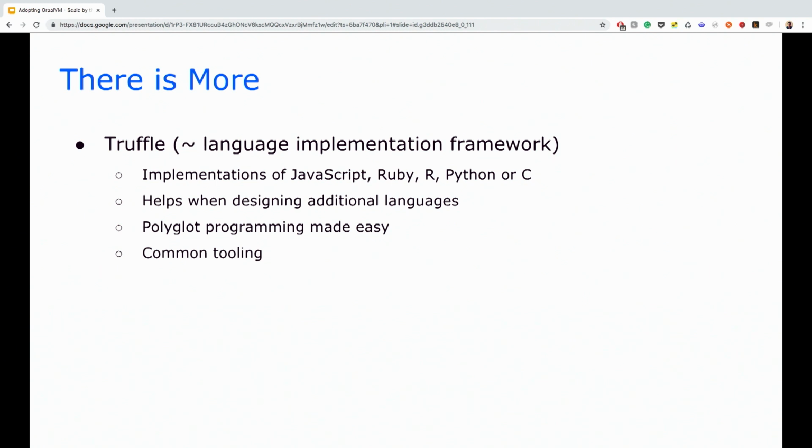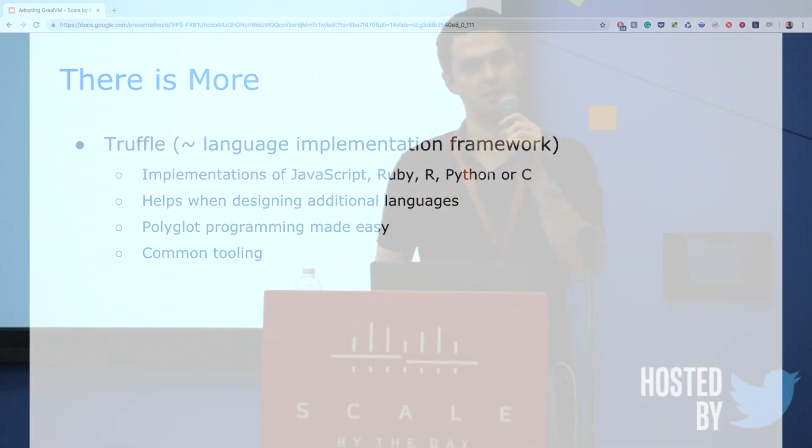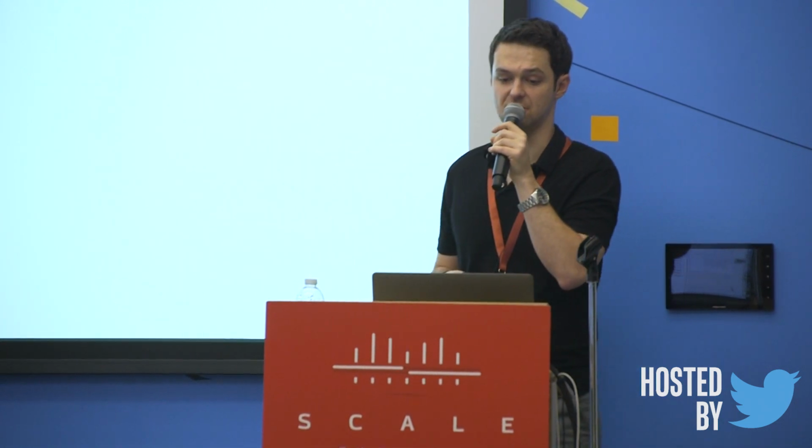Basically, when you define your language using Truffle, it will use Graal as a JIT compiler for the language. Graal already has implementations for JavaScript, Ruby, R, and Python. And we will likely see more implementations in the future.